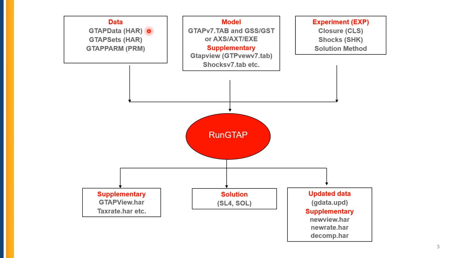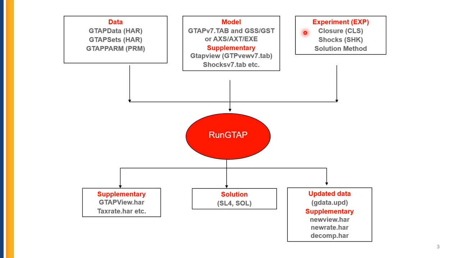On this box we have some pieces of data: the GTAP data, the sets, the parameter file. Here we have the model, the actual equation system of GTAP. And over here we have a dedicated box for something called experiment.